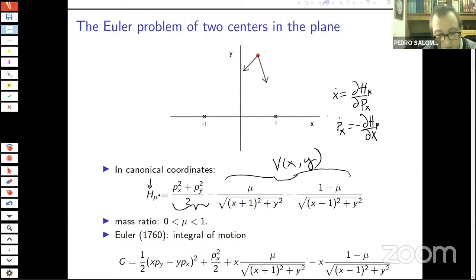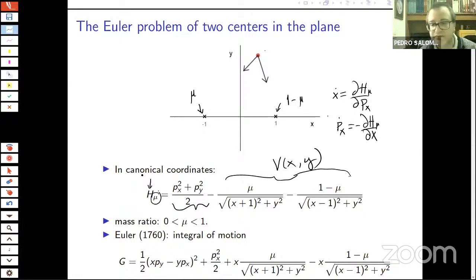And it depends on this parameter mu, which is called the mass ratio, so the mass at this center is mu, and at this center here is 1 minus mu. So the total mass is normalized to be equal to 1, but the system doesn't have enough symmetry to eliminate this parameter. So this parameter is still there.